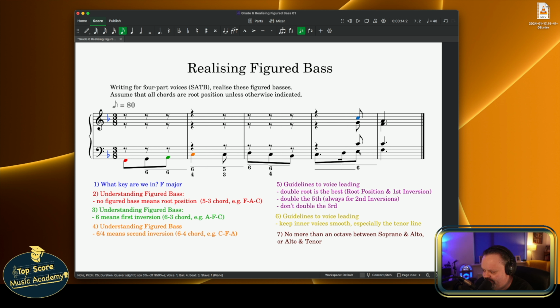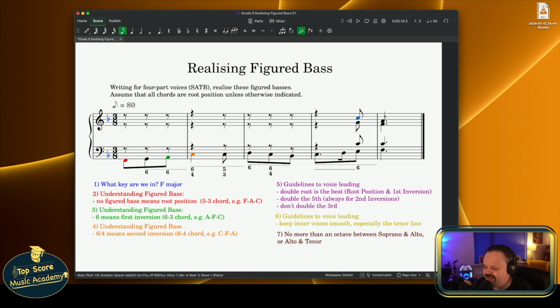A third above that E is G. There it is. And a sixth above that E is C. And I've doubled the root of that chord, so it's two C's. C, C, E, G. The C's in the tenor and the soprano. So it leads to a nice, smoother voice leading for that final cadence.